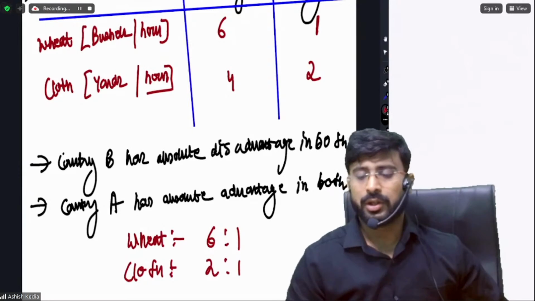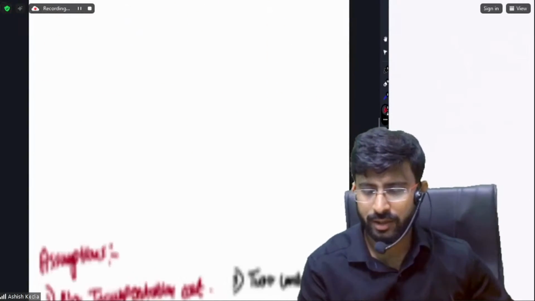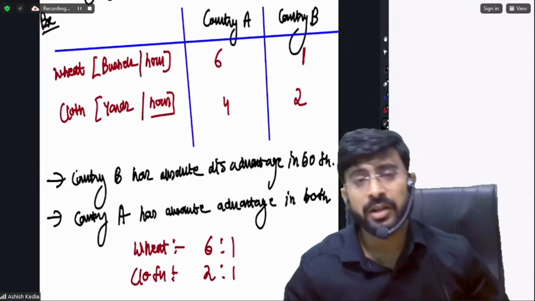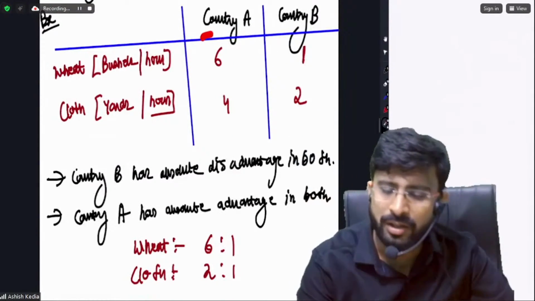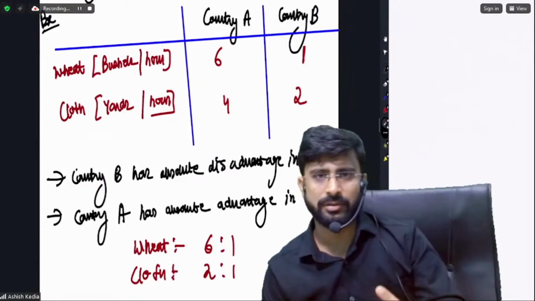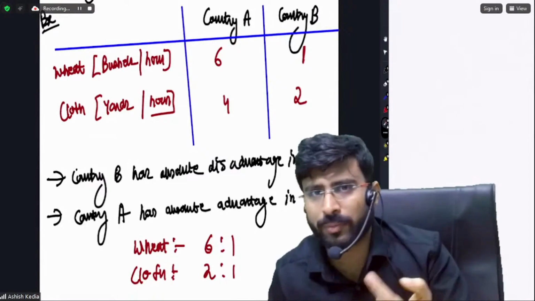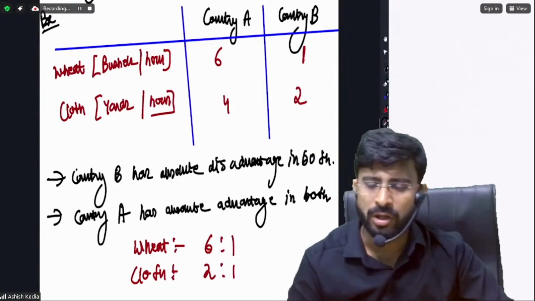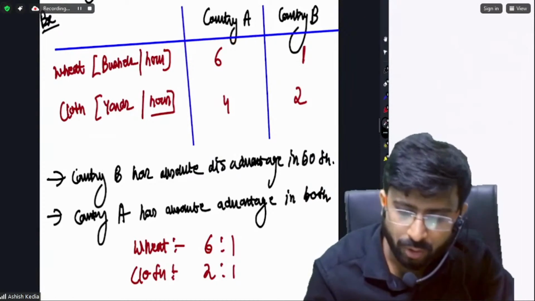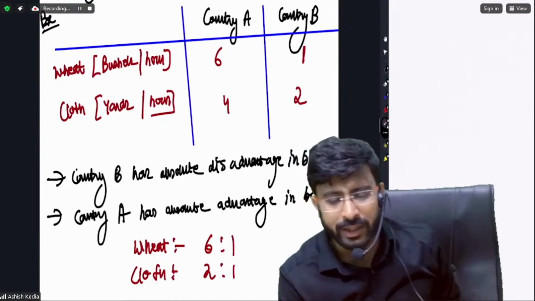Yes or no? ये थ्योरी कंपैरेटिव एडवांटेज का ये बोलता है कि हाँ, कंट्री ए का एडवांटेज दोनों में है, पर ज्यादा एडवांटेज कहां पे है? वीट में है. तो कंट्री ए को वीट बनाना चाहिए और क्लॉथ कुछ हद तक इंपोर्ट कर लेना चाहिए कंट्री बी से.